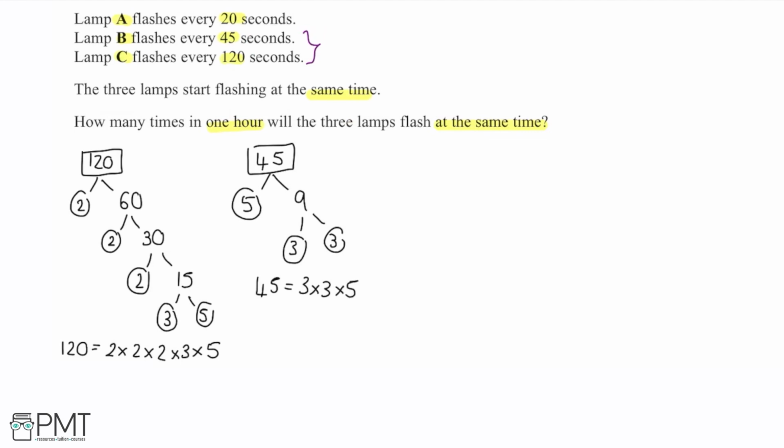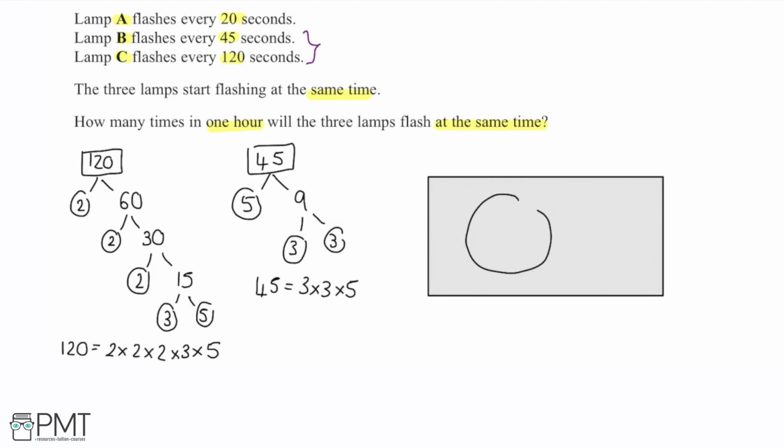Now, in order to find the lowest common multiple, I often like to draw out a Venn diagram just to work with these numbers. It often makes it easier to see what we have going on. So we can draw out a quick Venn diagram. Now if we have 120 here, 45 here, we're just going to put in the prime factors.